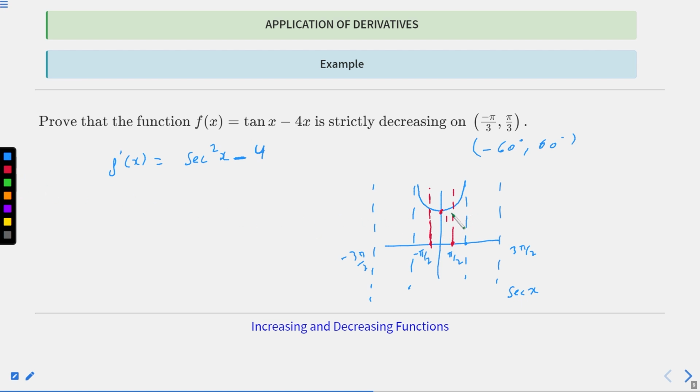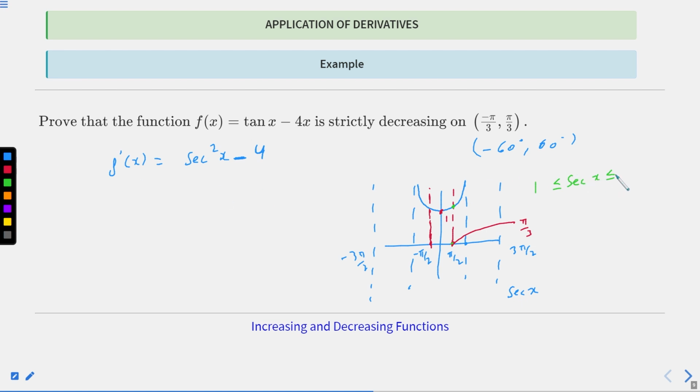You all know that from minus pi by 2 to pi by 2, sec x will be greater than 1, as you can see. But we are taking this red point as pi by 3, the 60 degrees.